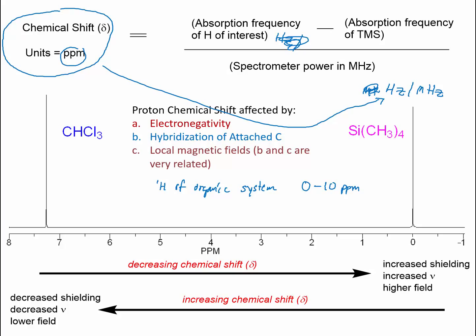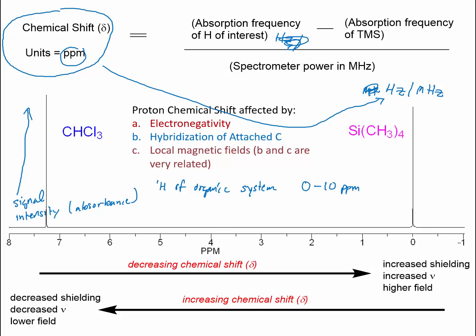So this is going to cover almost every type of proton that we see. So on the x-axis we have parts per million, and on the y-axis we have just a signal intensity or absorbance. Okay.